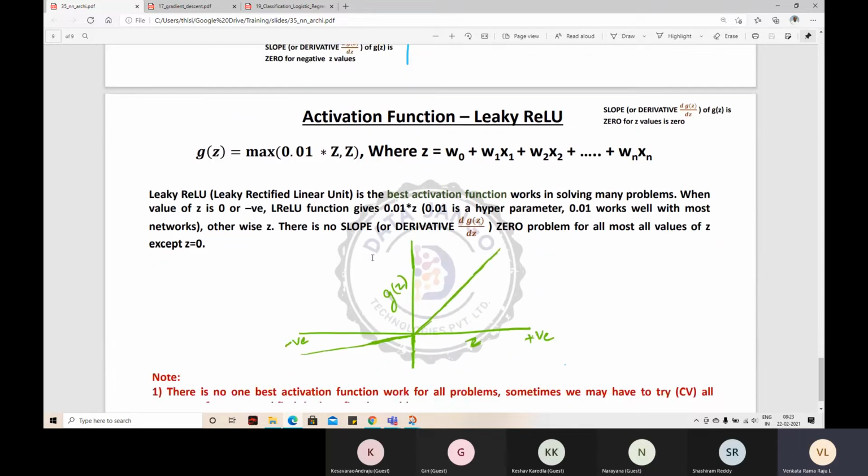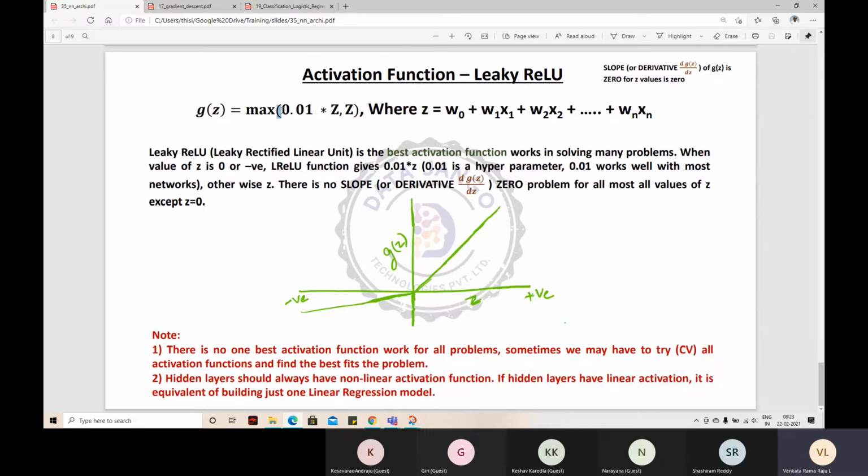To avoid that problem, there is leaky ReLU, a simple math: max of 0.01 times z, comma, z. So if you are getting z as -100, 0.01 times -100 is -1, which is high compared to -100. So you take -1. That way this line becomes a little slanted instead of flat.